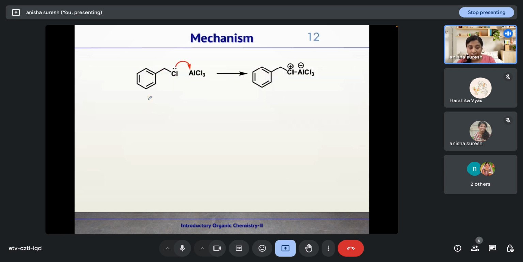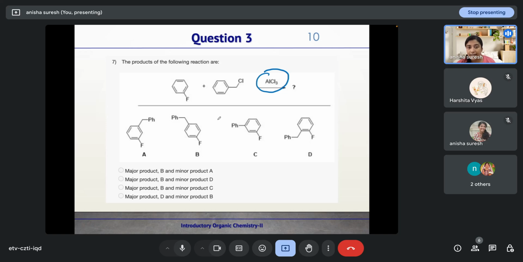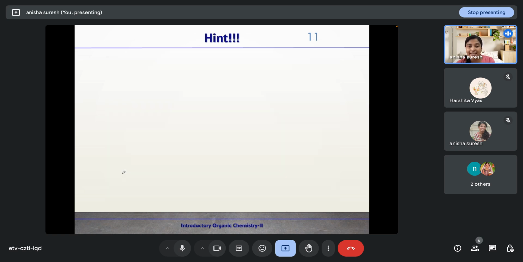So here our starting compound has fluoro. So here the major product that we will be getting is para and the minor product will be ortho. So you can see B is the para product and D is the ortho product. So this will be the answer. So we will see the mechanism.